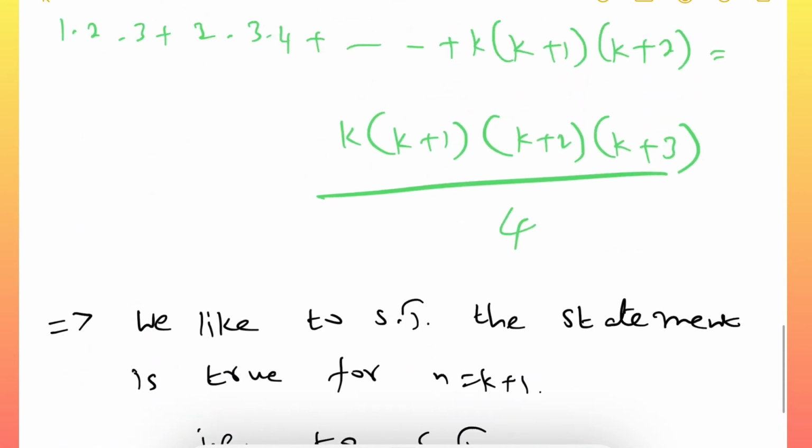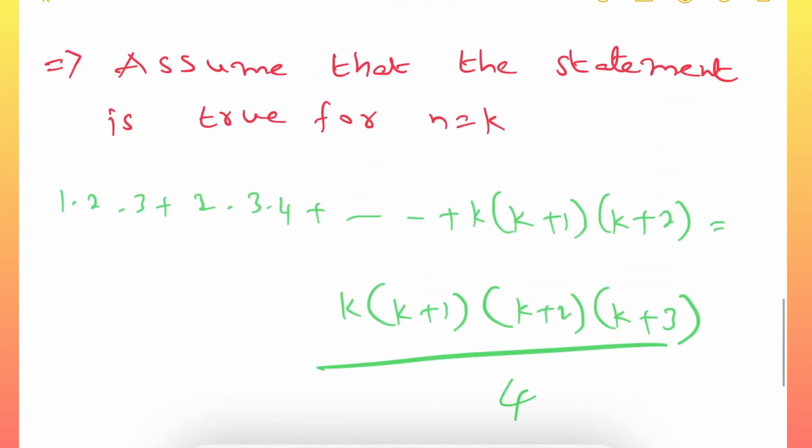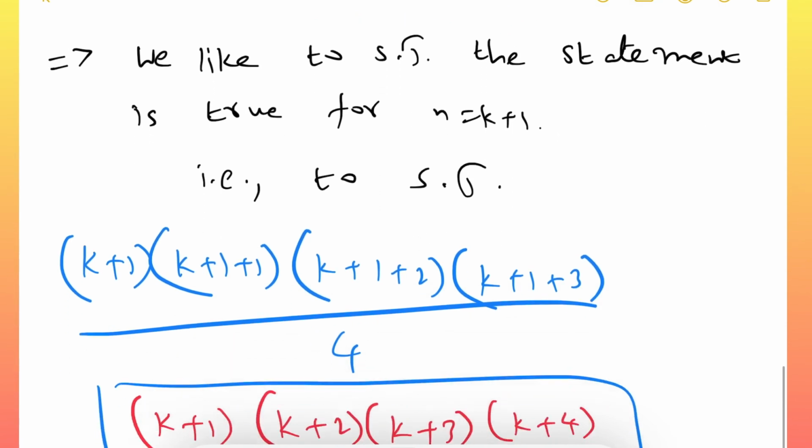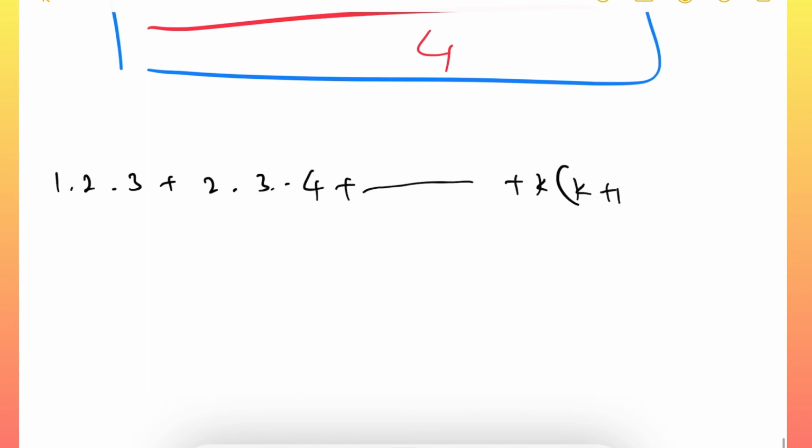From the second step we will get 1 into 2 into 3 plus 2 into 3 into 4 plus and so on till k into k plus 1 into k plus 2. Then we need to create the next term now.